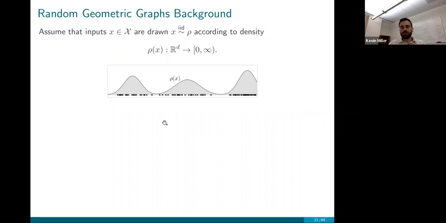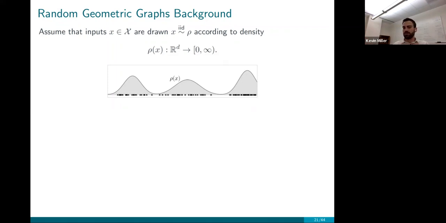For example, here in 1D, I've just shown a mixture of 3 different Gaussians in gray, and then a sample of 100 points shown along the x-axis here as these x's. You can see that in regions where the density rho is larger, I have a higher concentration of x's, of samples.